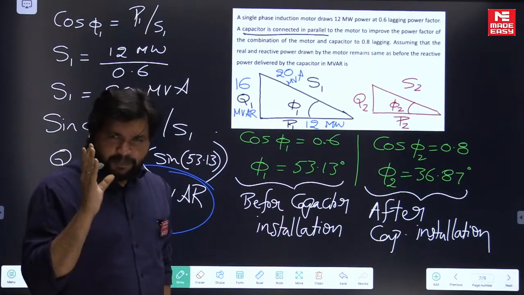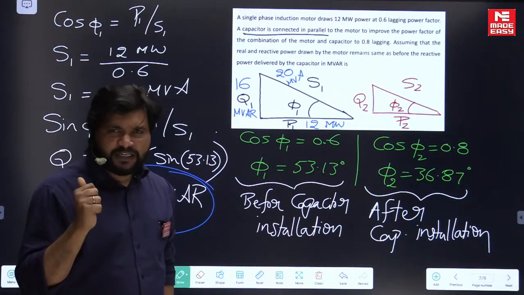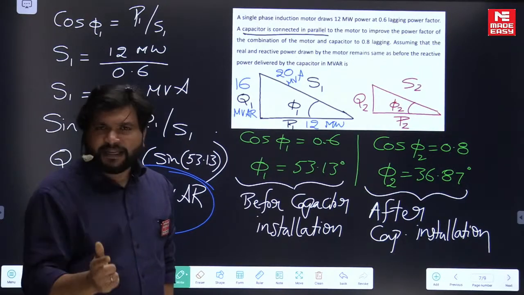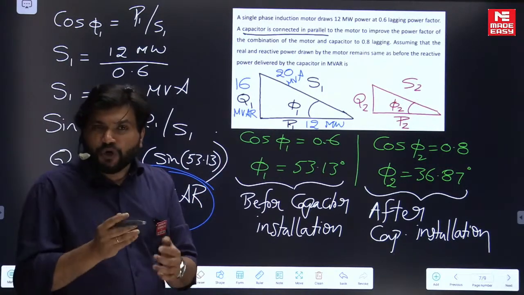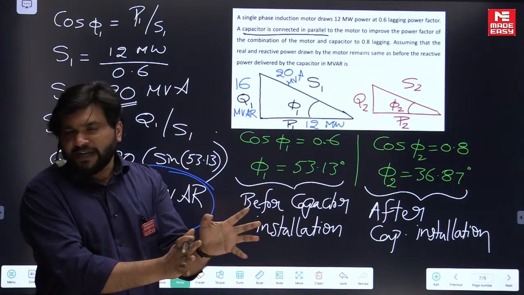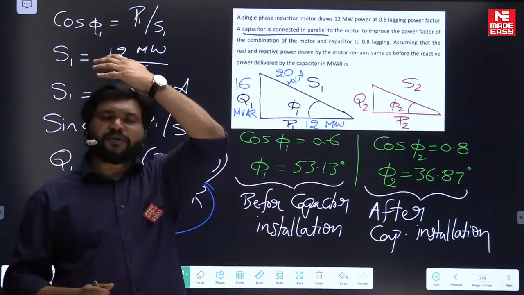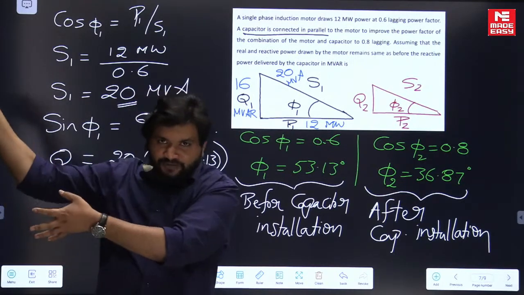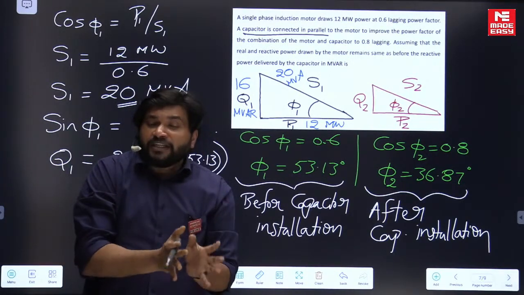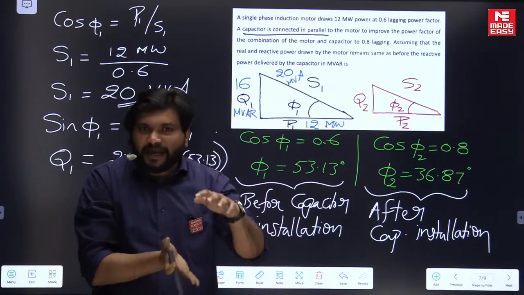Another logic is the capacitor supplies reactive power. It assists, it supplies reactive power to the induction motor. That's the reason why I used the words locally generating the reactive power. We can't locally generate active power. We are asking active power from the substation or the distribution transformer. Reactive power is locally generated by connecting the capacitor.